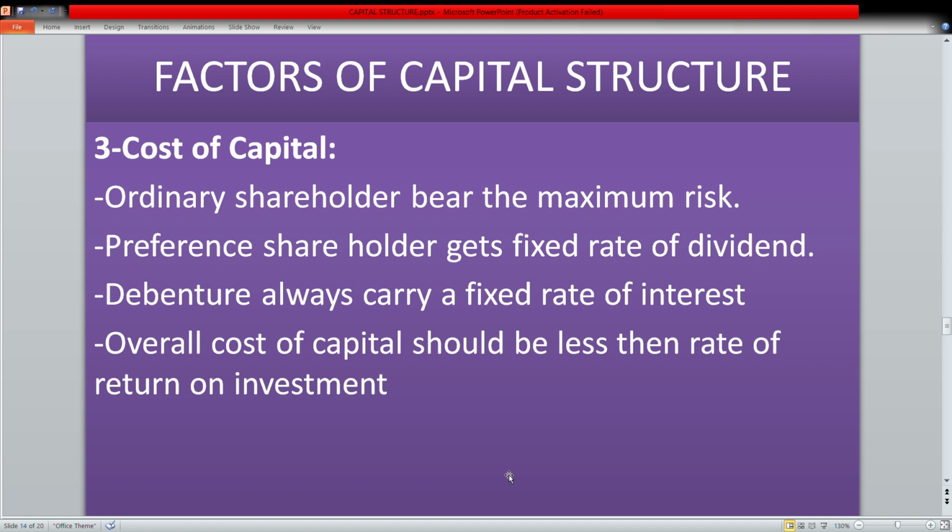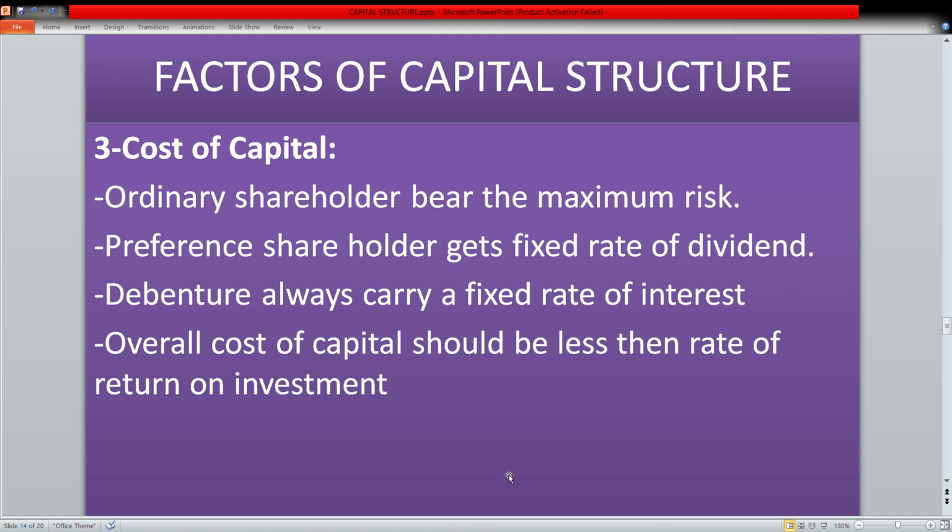How much is the total cost of capital on a weighted average basis? And if the rate of return on investment is greater than cost of capital, then it is profitable to take the loan.